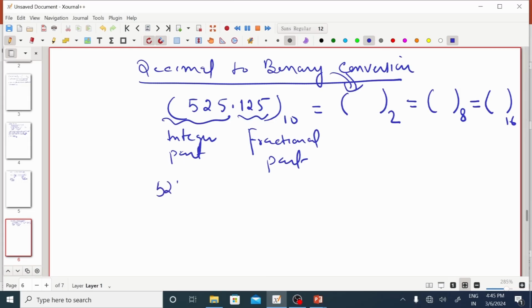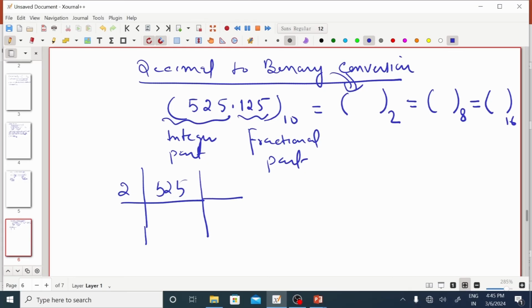So here 525 is the integer portion, and we divide this by 2, because our objective is to convert 525 into a base 2 number system. So we simply divide it by 2 and take the remainder, and again the successive quotient is divided by 2, and this process is repeated until the quotient becomes 0, and then take the remainders in reverse order.